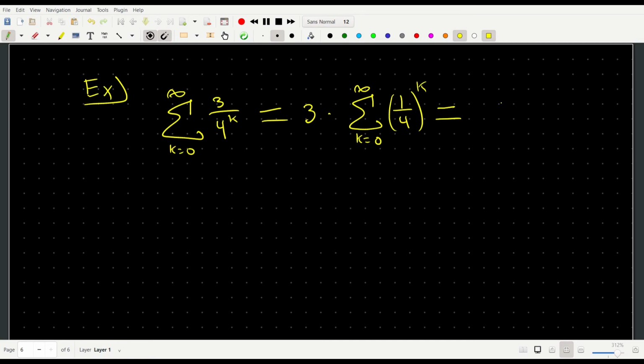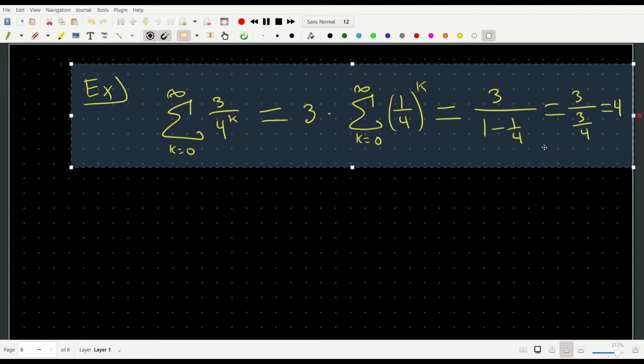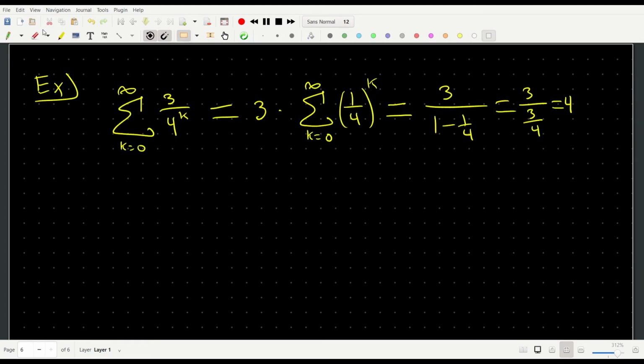So this series is going to converge to 3 over 1 minus 1/4, which is going to be 3 over 3/4, or 4. So this infinite geometric series converges to 4.